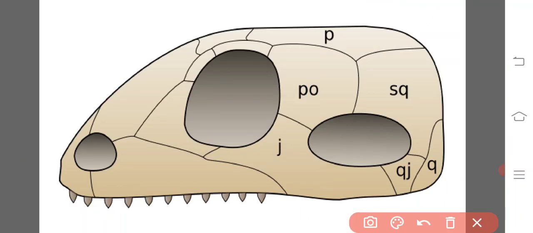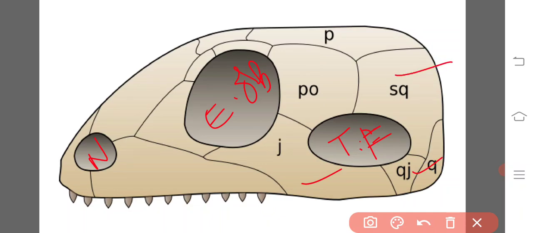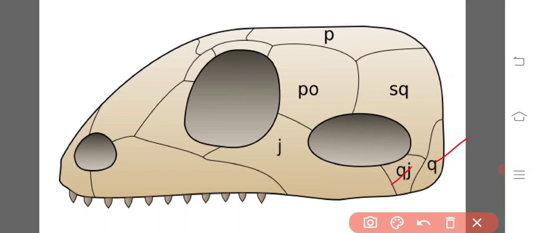See here, this is the nostril, this is the eye orbit, and this is the temporal fossa. So this is the jugal bone, this is the quadratojugal bone, this is the squamosal bone, and the postorbital bone, this is the parietal bone. This is the quadrate, this is the quadratojugal.